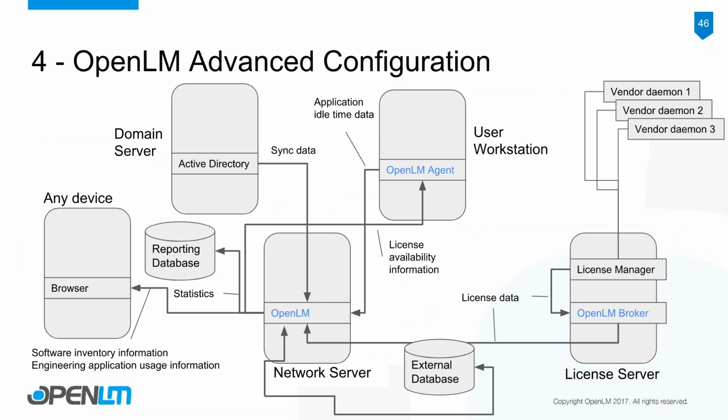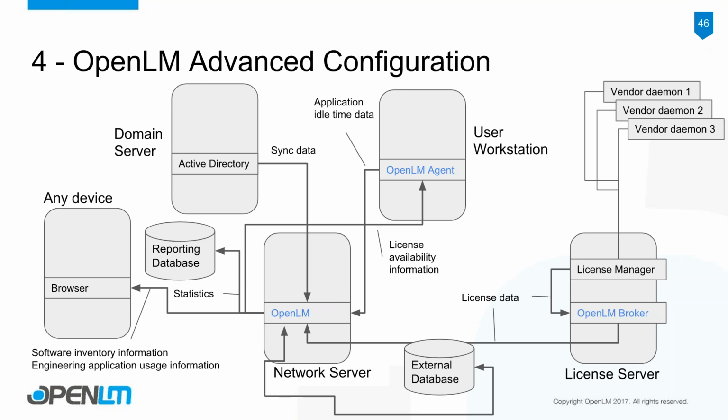On top of the standard configuration, there are extensions to integrate with your enterprise directory service, to provide information to your users about license availability, establish external database connections, and so on. So for example, with this configuration, users can query the availability of licenses, including the location of checked out licenses.